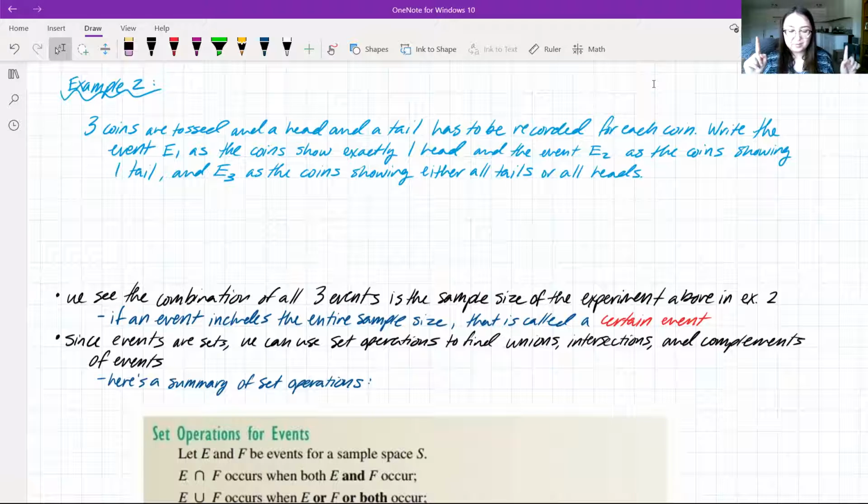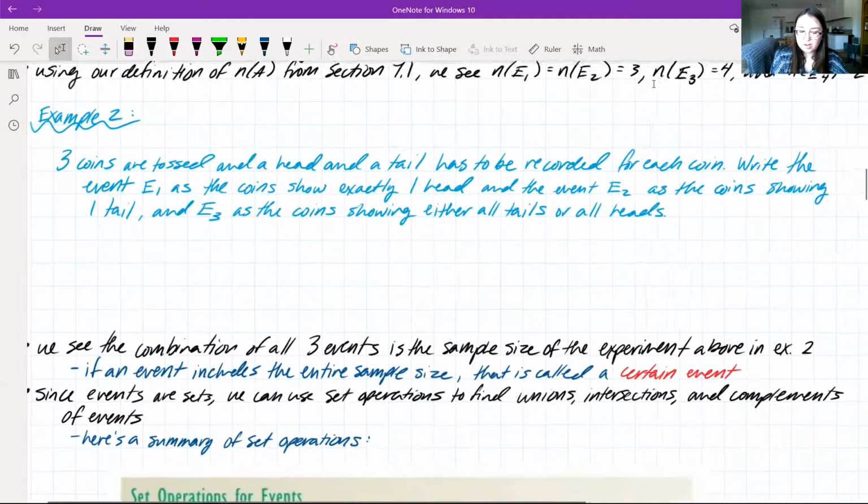Then we write the event E1 as the coins show exactly 1 head, and the event E2 as the coins showing 1 tail, and E3 as the coins showing either all tails or all heads. So in cases like these, the order is going to matter, because we're not tossing 3 coins at the same time. We're going to toss them one at a time.